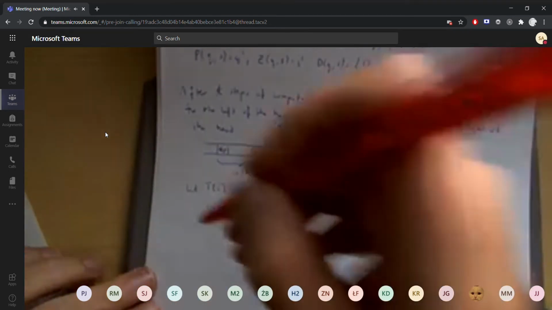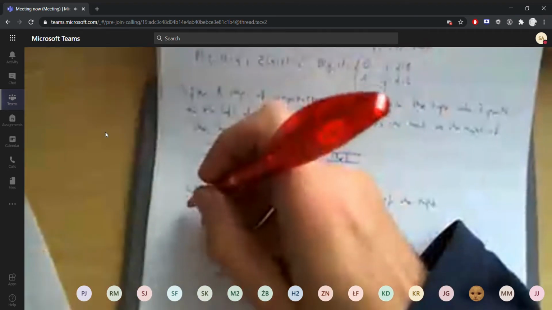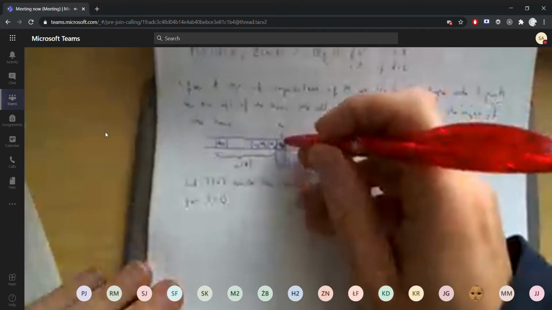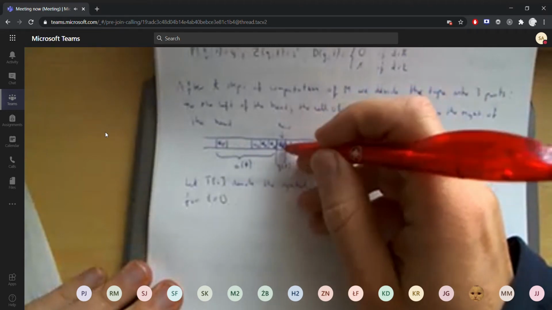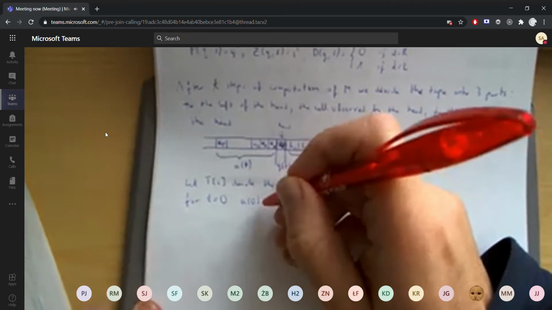So before the computation, for t equals 0, we have the following situation. The head observes the first cell, so A of 0 is empty, is 0.